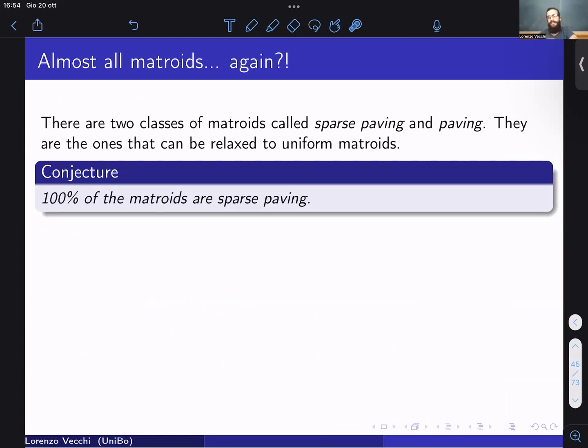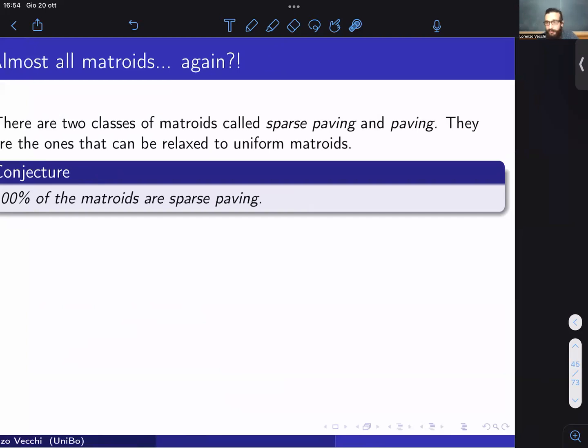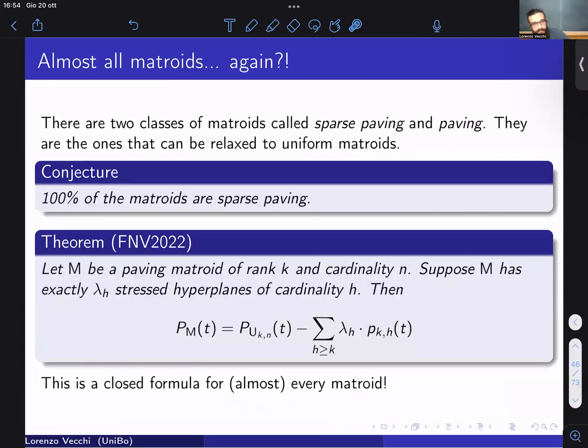So whenever we find a result for sparse paving or paving matroids, we're actually finding a result that probably will be true for almost every matroid. Why is it good news for us? Because this relaxation operation tells us that we are able to find a closed formula for almost every matroid.